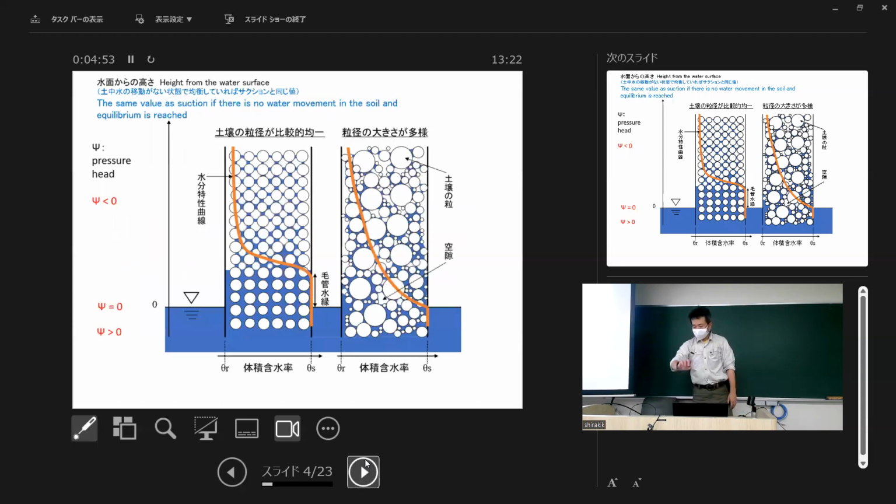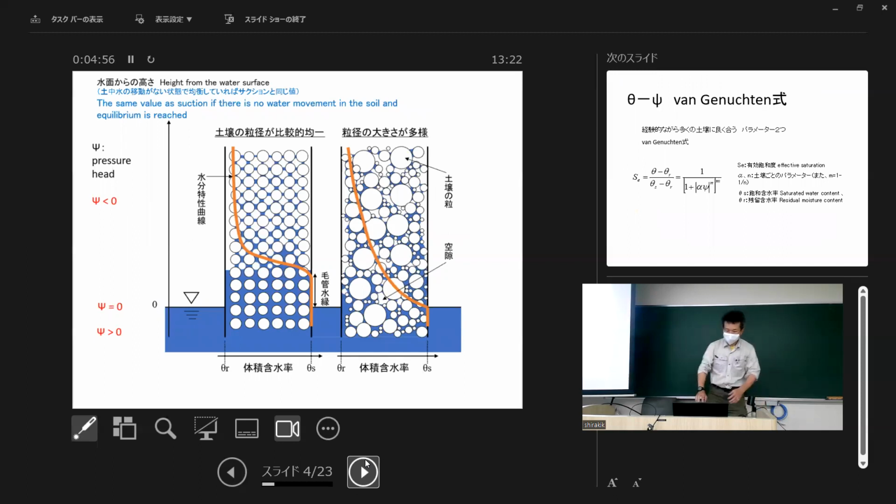Yes. Only one level. Okay. So let's go ahead. This figure is a little bit confusing, but this triangle means the water surface, a kind of jargon mark. I'm not sure how to say it, but this is a symbol of the water surface.